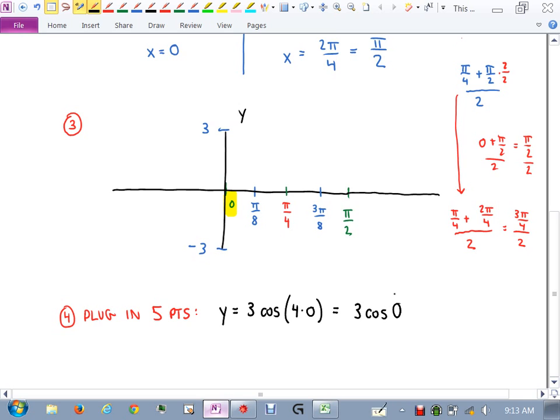On the unit circle, cosine is the x-coordinate. I'm looking at an angle of 0, so I'm going out to my unit circle, going to the x-coordinate, which is 1. So I get a 1 for cosine of 0. So 3 times 1 is 3. So I was right. I had a feeling that at 0 I was going to be up there at 3, and that's where I am.